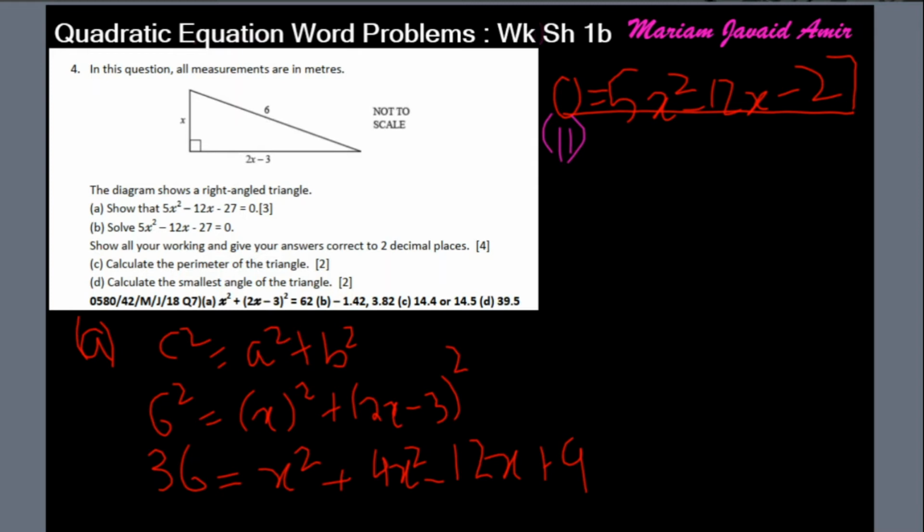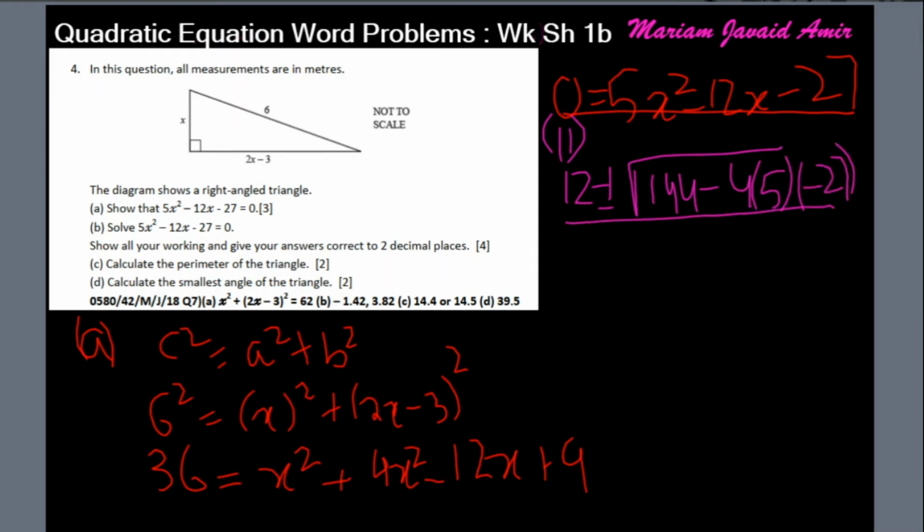So minus b, which means minus minus 12, plus 12, plus minus under root b square, which is 12 square, which is 144, minus 4ac. a is 5 and c is minus 27, over 2a, which is 10. 2 times 5 is 10.